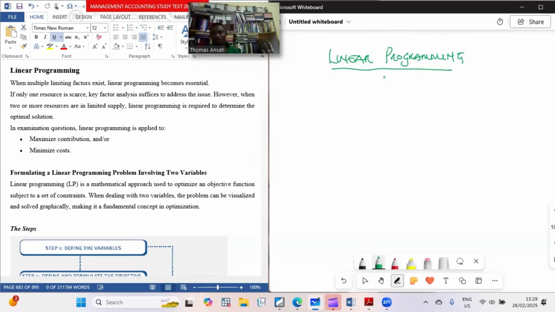We use them when there are 2 or more resource limiting factors, scarce resources. All right. So in the examination, we are going to use linear programming to actually maximize contribution or to minimize our cost, or both.